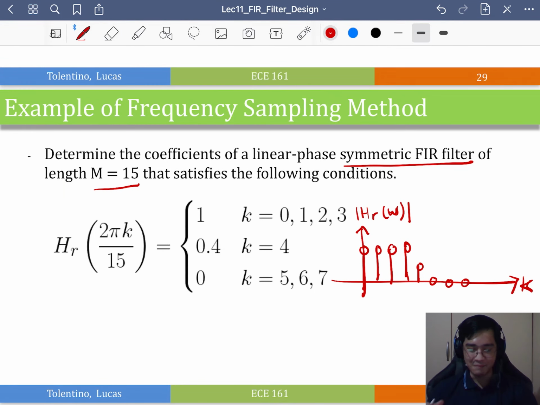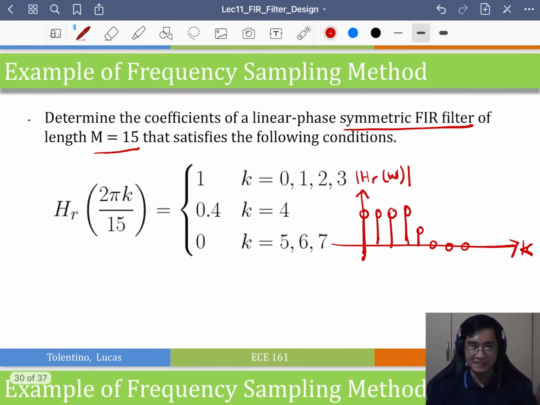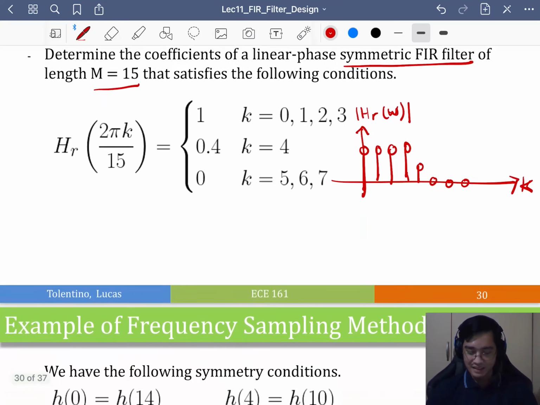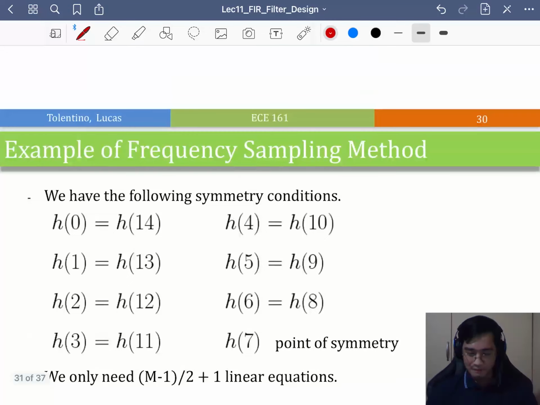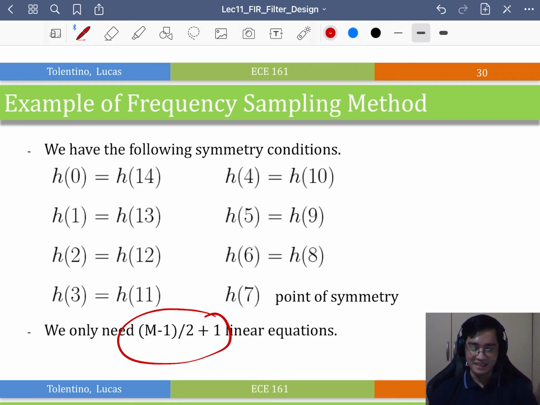My mistake a while ago. When M is 15, we are designing 8 points. This is (M minus 1) over 2 plus 1, which is equal to 8. So we only need 8 equations, because we have these conditions to satisfy linear phase for the symmetric FIR filter.